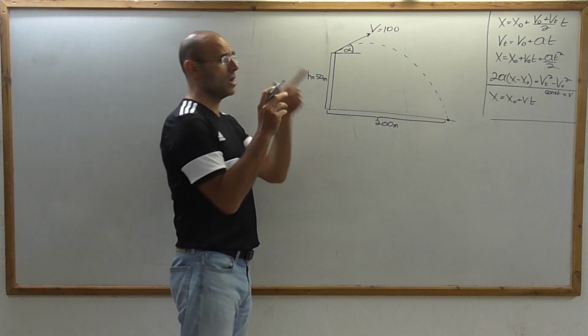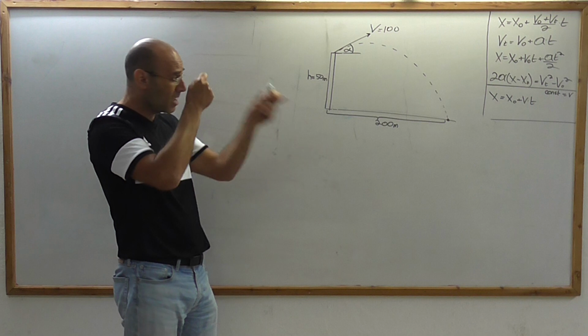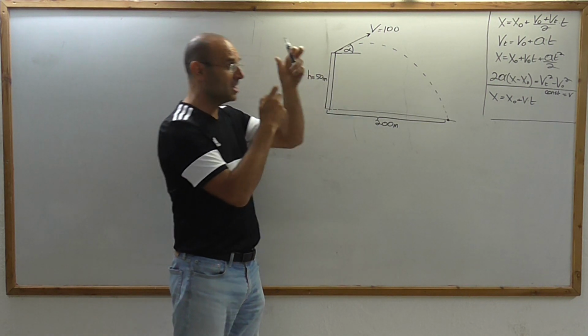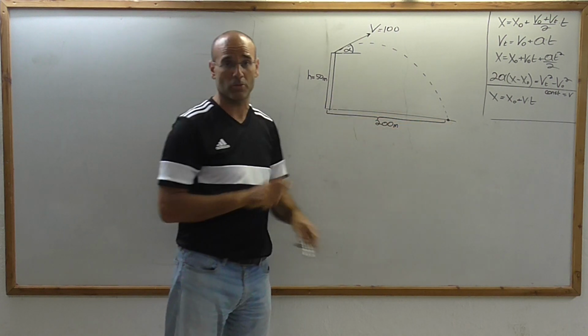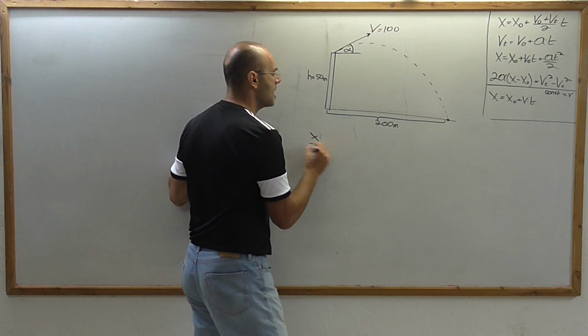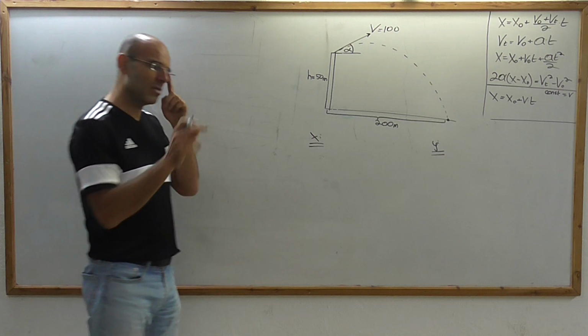I know that I have a gun or something, and I want to aim the gun or whatever I have at the exact angle in order for it to reach a certain point. How do I do it? Again, the same idea. We'll get a little mathematical trick here. I want to show you it.